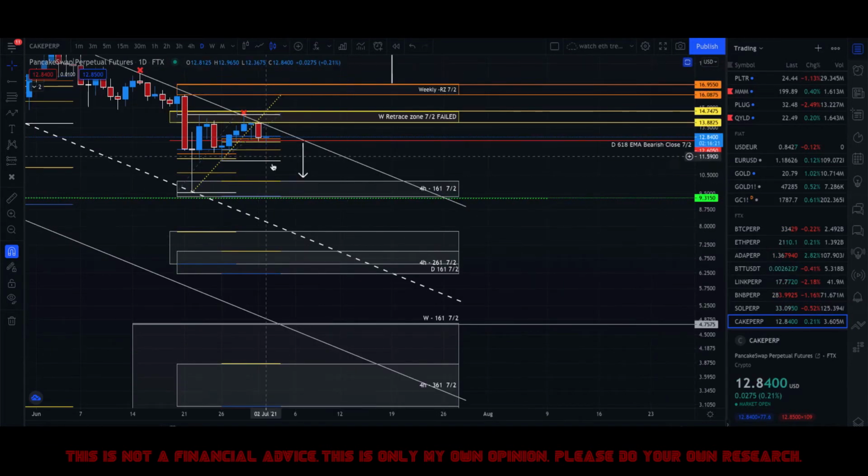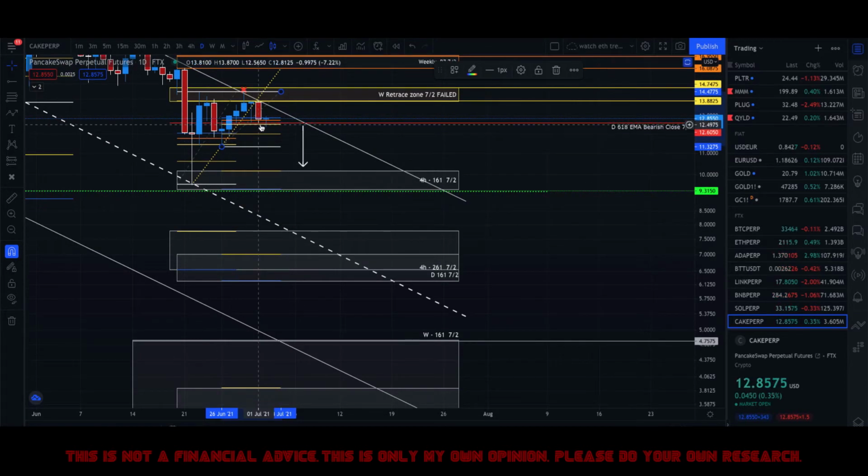So for this move, we have the 161 over here. Okay. So a close under the 618 of this move will take us down here to this zone.